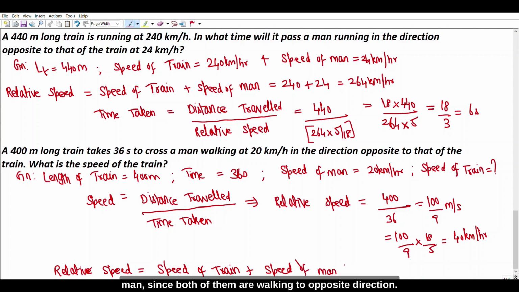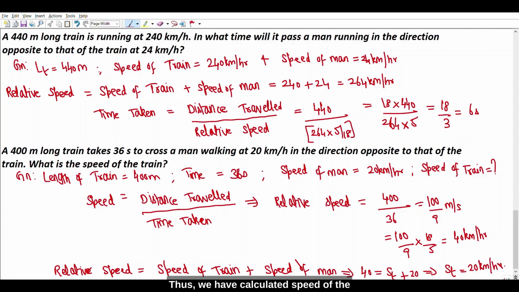Since both of them are walking in opposite directions, therefore 40 is equal to St plus 20, which in turn gives speed of the train as 20 km per hour. Thus, we have calculated the speed of the train as 20 km per hour.